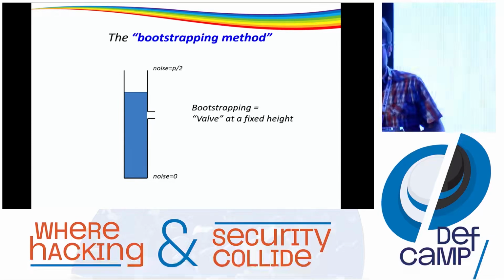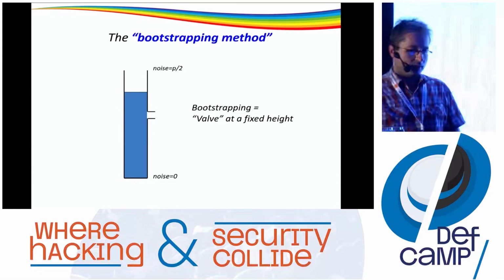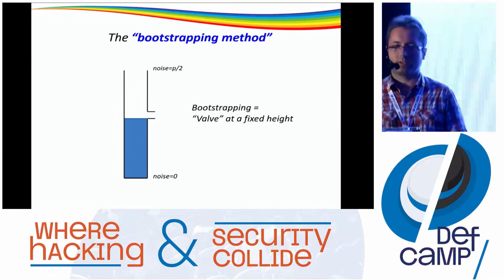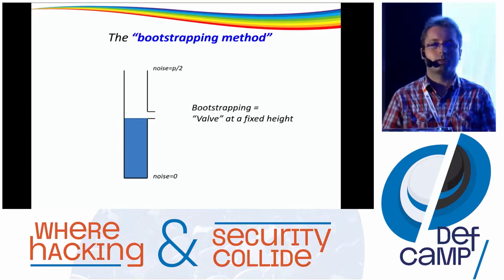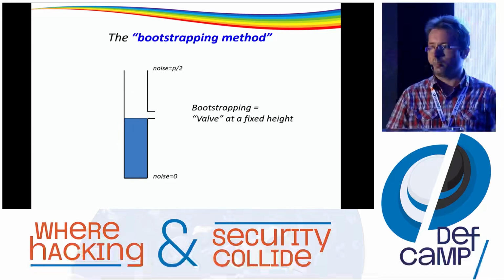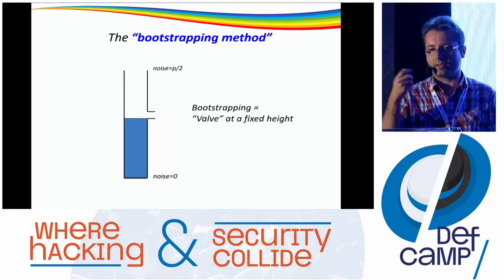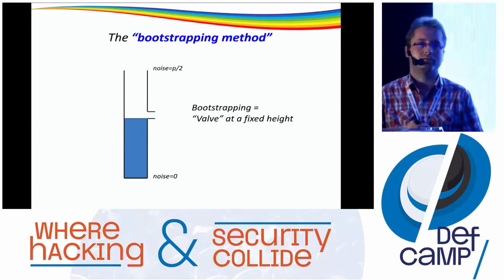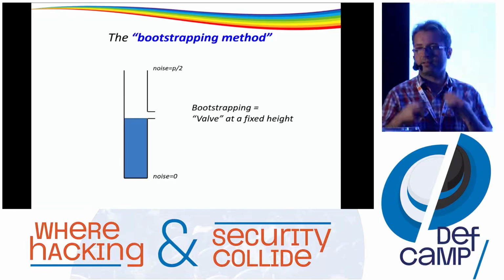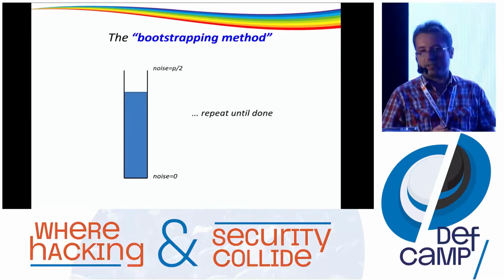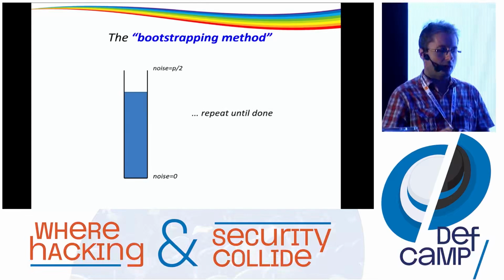So somewhere in between, we set up a threshold, and we work on the level of the noise in order to make sure that it doesn't go over the undesired level. So this is basically the bootstrapping method.